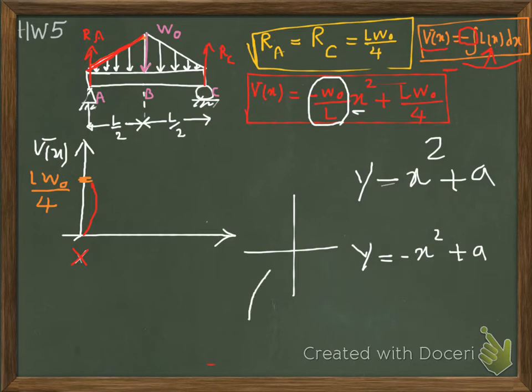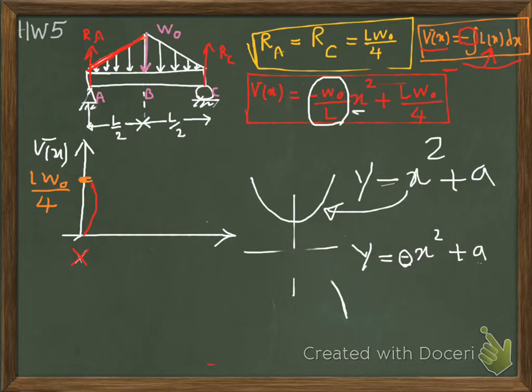The curvature is in like sad mode, unlike this positive mode that this was. So minus is showing me this kind of curvature. Plus a means that it should be shifted.